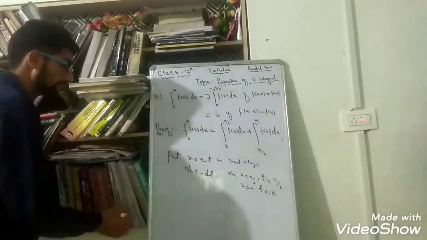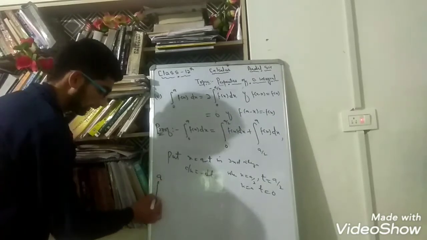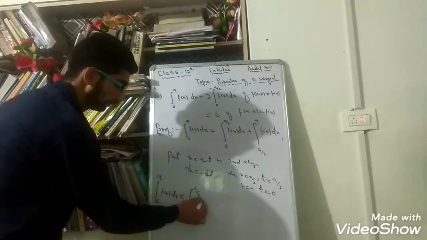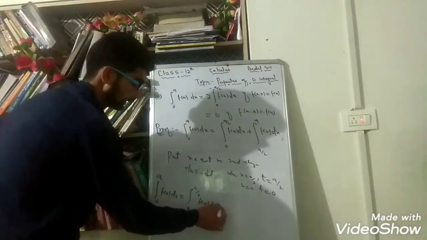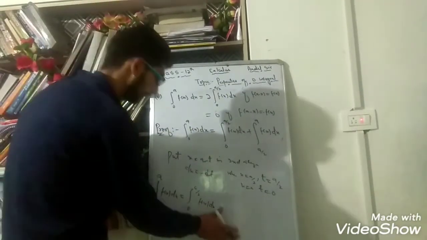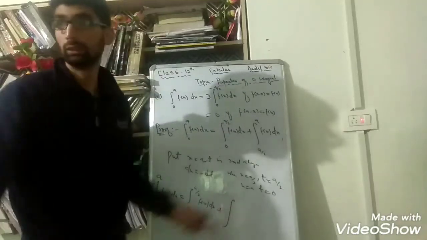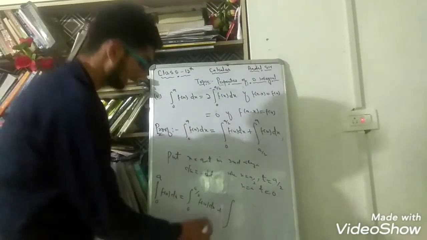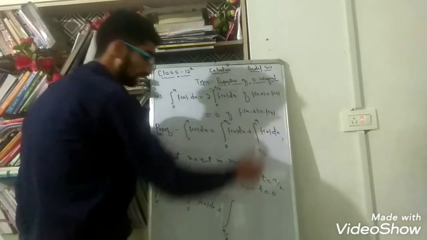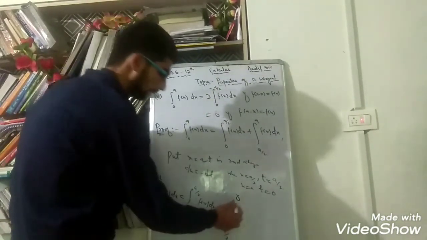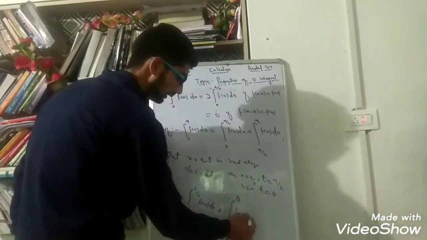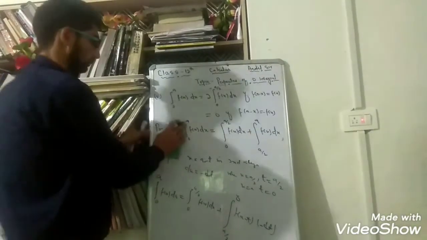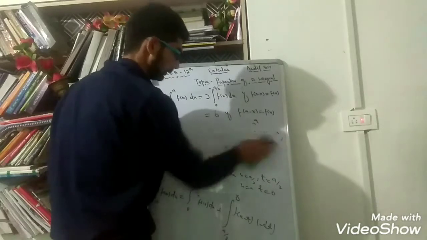So now I am getting the integral from 0 to a of f(x) dx equal to the integral from 0 to a/2 of f(x) dx plus the integral from a/2 to 0, where at x equal to a/2 the value of t is again a/2, and at a the value of t is 0, then we have f of a minus t, and dt is minus dt.